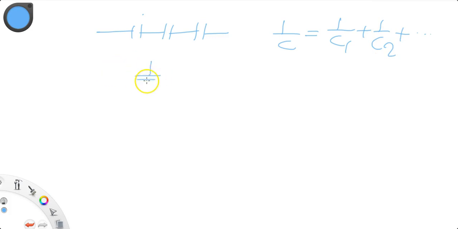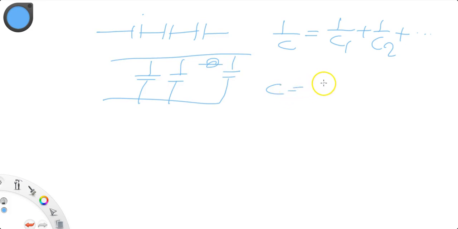If they are in parallel, C equal to C1 plus C2 plus C3, like this.